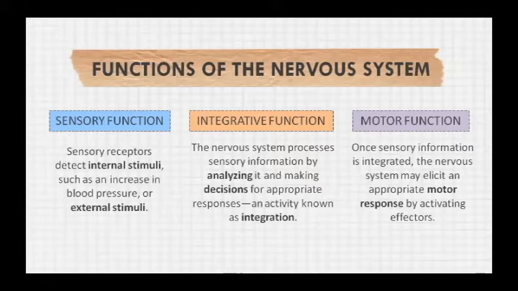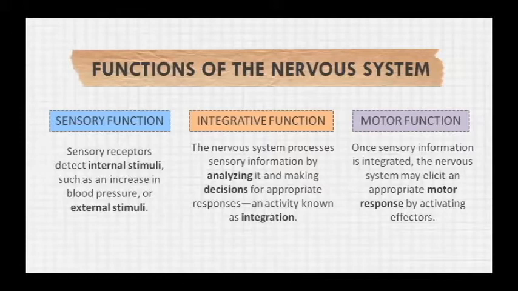The control center now acts as the integrative function because it analyzes the situation from the sensory receptors and makes decisions. Then it will produce an output going to the effector, which is now the motor function, that will produce an effect or action to address the sensed stimuli.